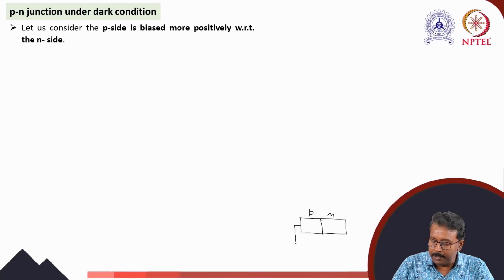If we connect an external load, the photocurrent is flowing from left to right in this figure, and the potential drop across this will be like this. So this will forward bias the PN junction.